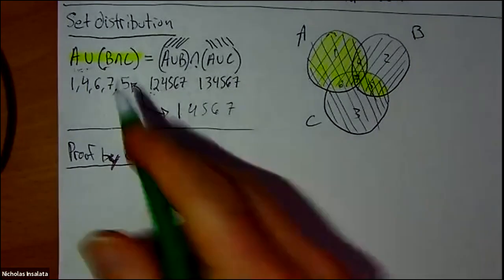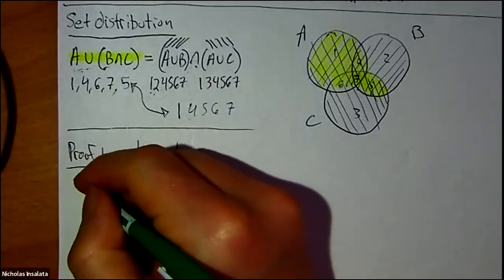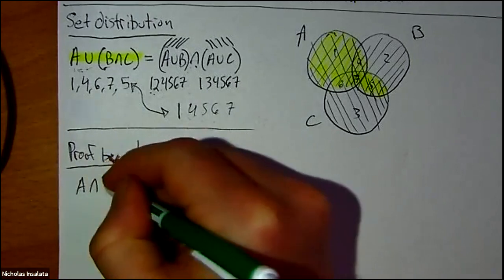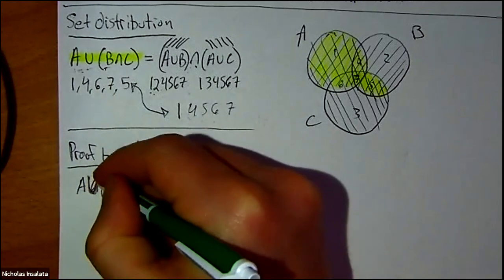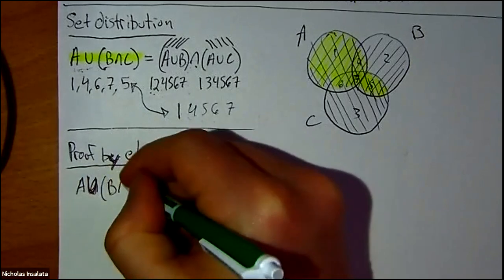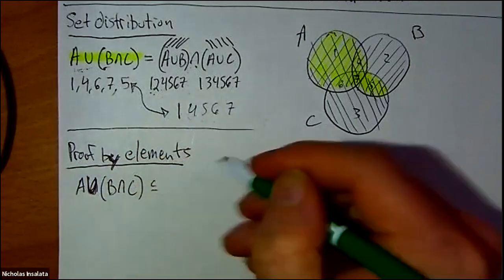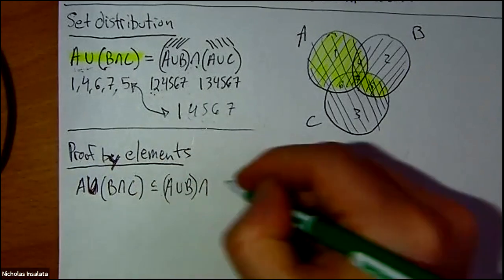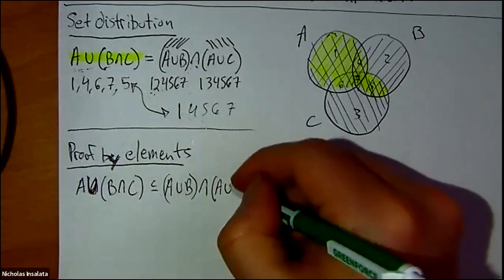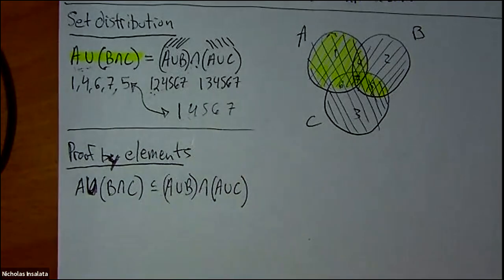So let's start with the first subset. So we'll say A union, sorry, oh boy, helps to write it down correctly. A union (B intersect C) is contained in (A union B) intersect (A union C). Okay, cool.